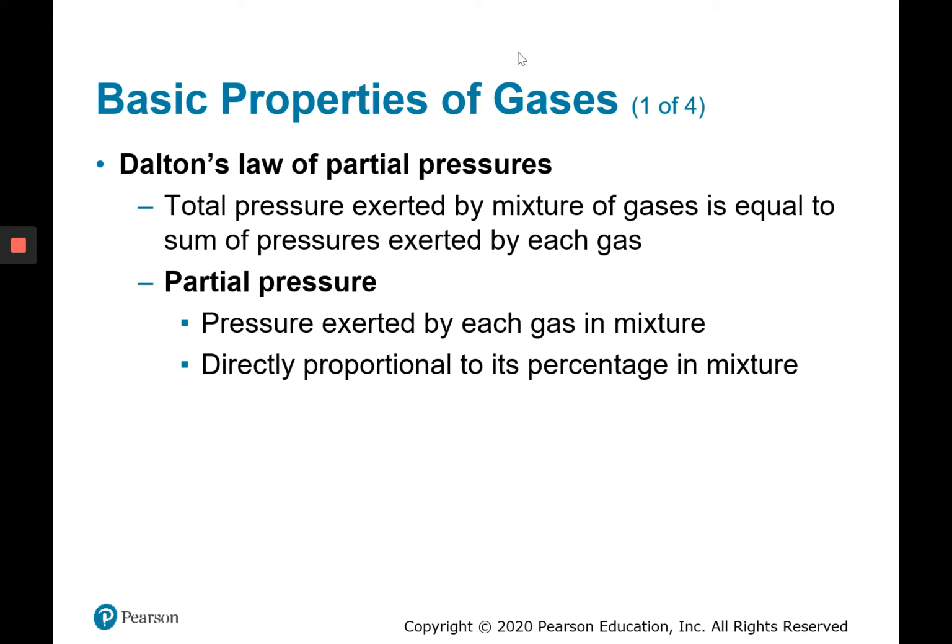The gas that is present in the highest amount has a higher partial pressure than the other gases, but all the gases that make up air have a partial pressure, and if we add them together, we get a total pressure. So the pressure exerted by each gas in a mixture is a partial pressure, and that partial pressure is going to tell us how much of that gas is in the mixture compared to others, because it's going to be directly proportional to its percentage in the mixture.